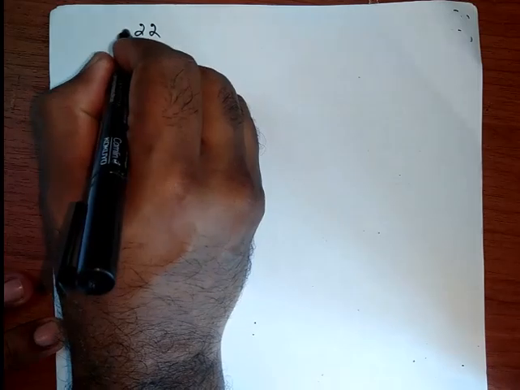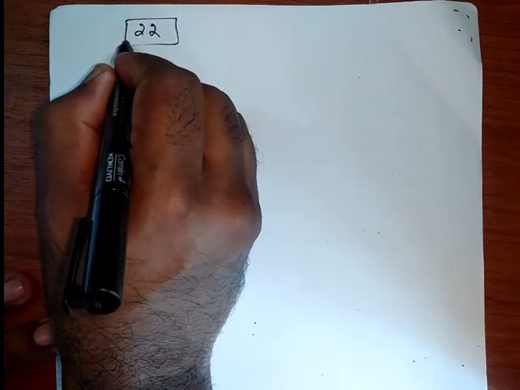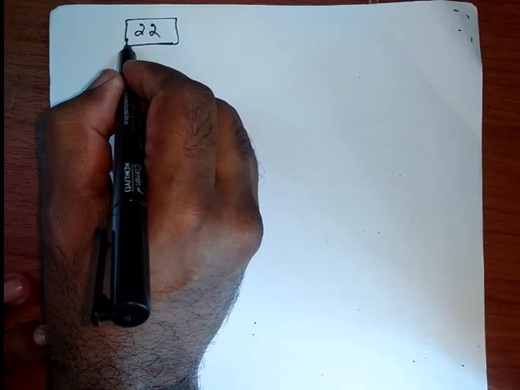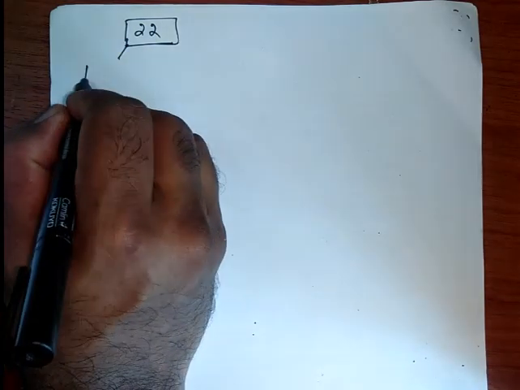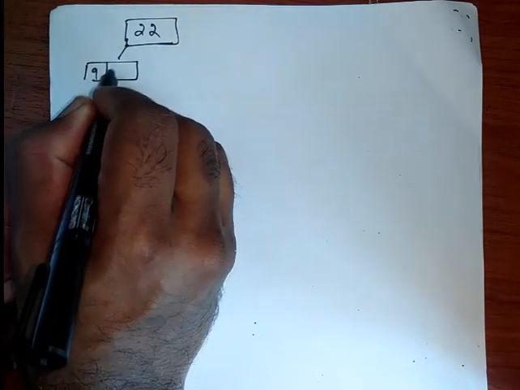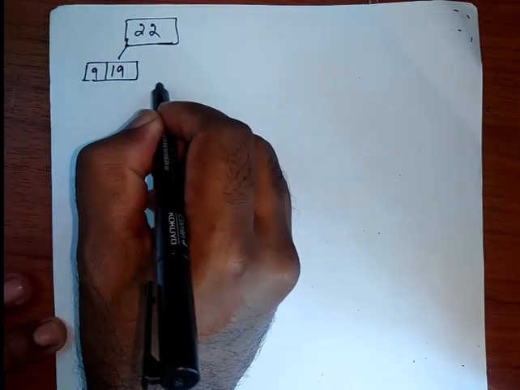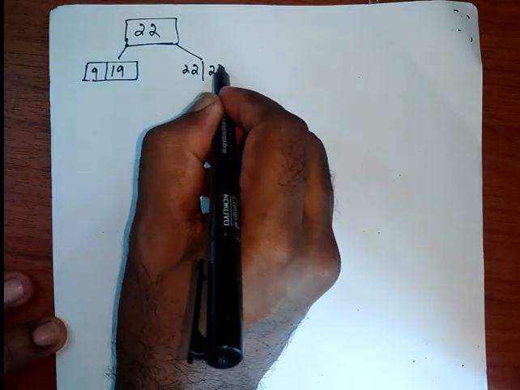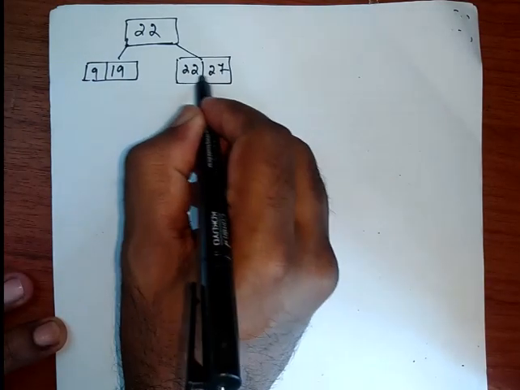So 22 should be in the new level, and the left subtree of 22 contains the values 9, 19, then 22, 27.